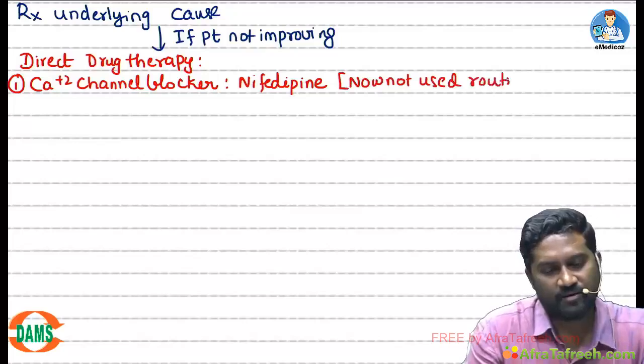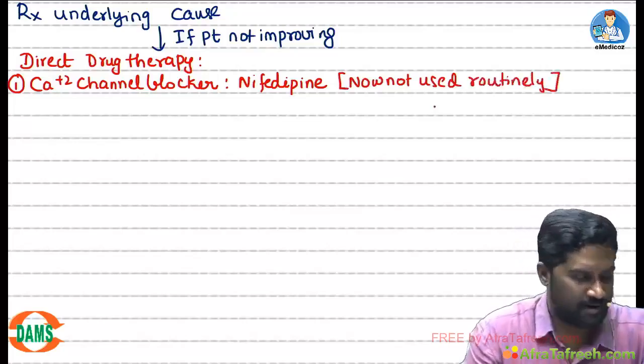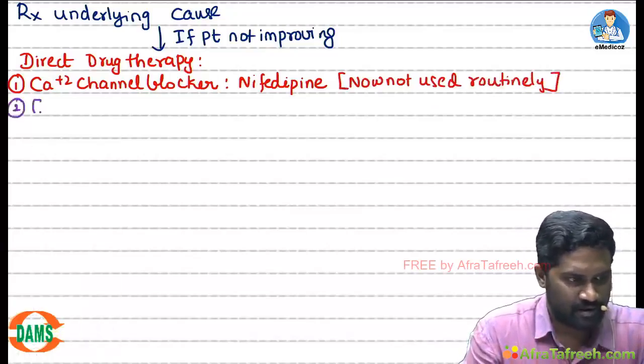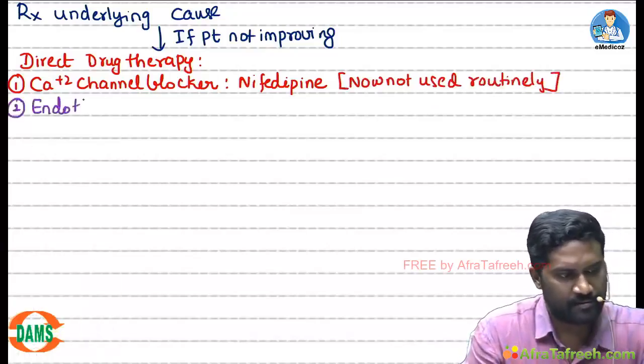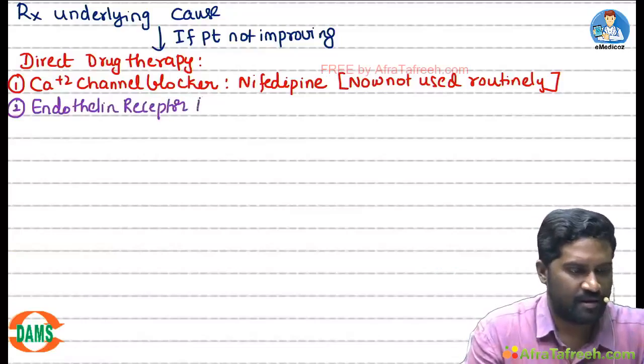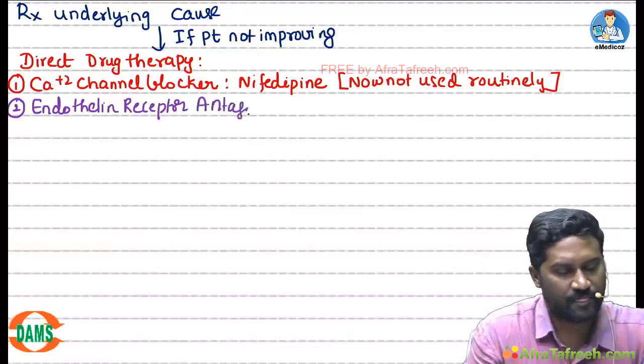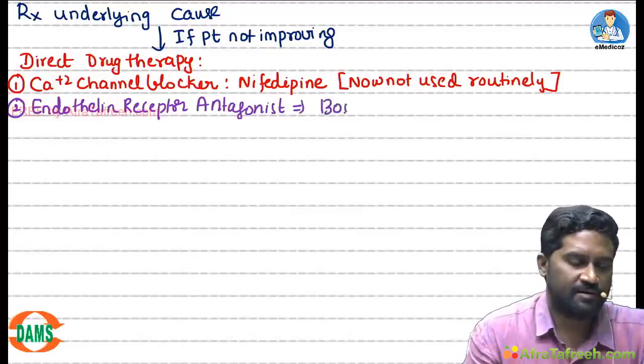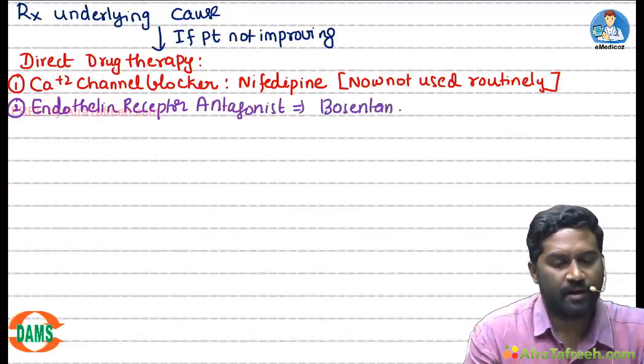Then what are the drugs routinely used in pulmonary hypertension? We have endothelin receptor antagonists, that is bosentan, ambrisentan.